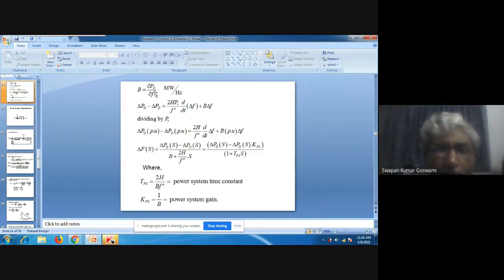Some of the loads will consume more power, some other loads will consume less power. Overall, if we see the total composition of load in a power system, the overall response is that with the increase in frequency, demand will increase. That means the actual power consumption of the load will increase.